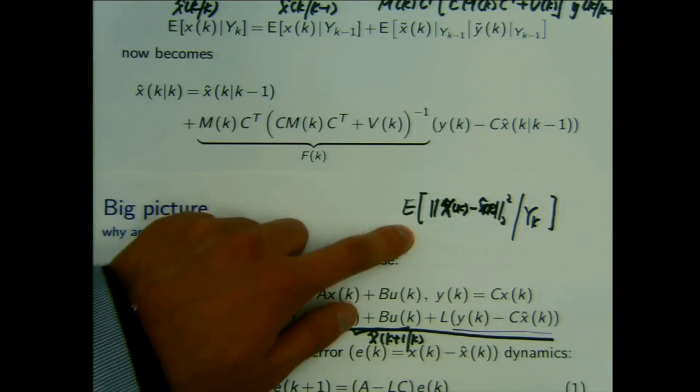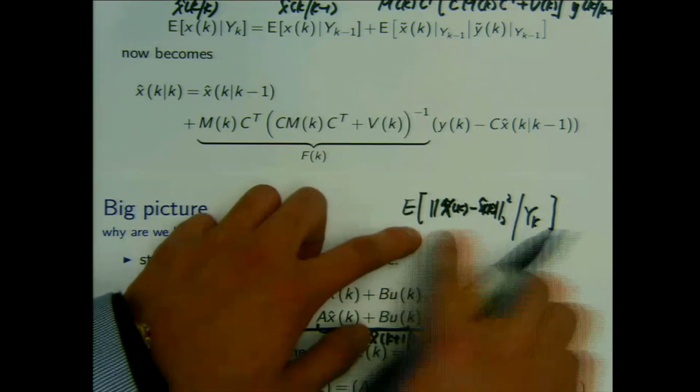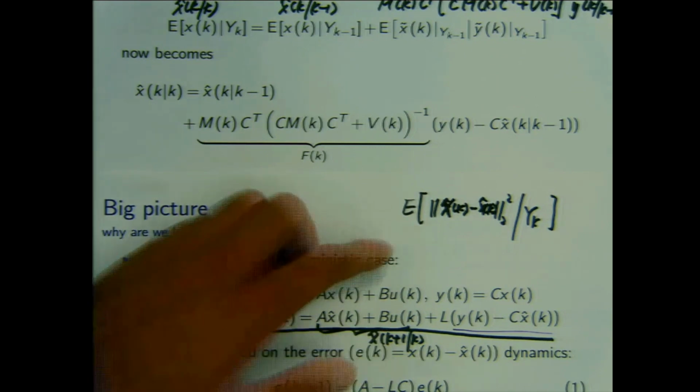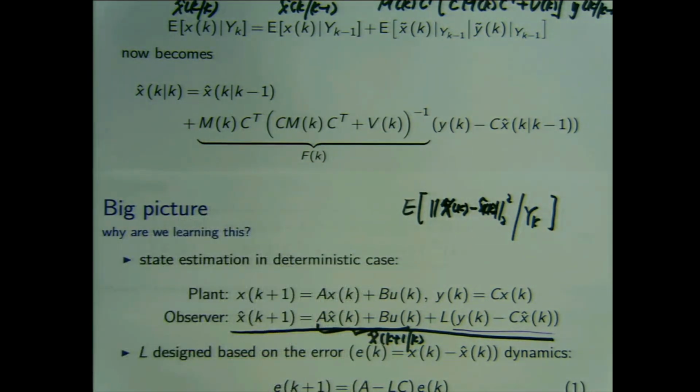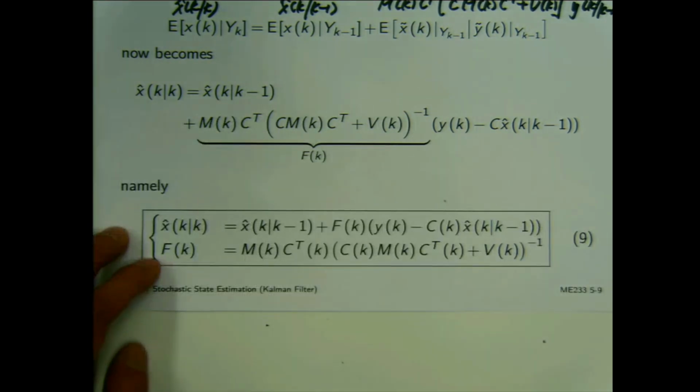I mention the covariance matrix because this is the trace of the covariance matrix. This is something I discussed last time. So it's in that sense, the sense of the optimal goal we're arriving at here.